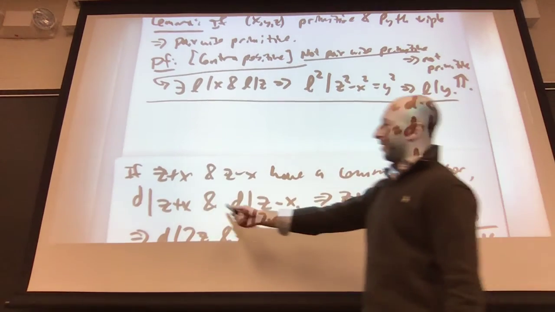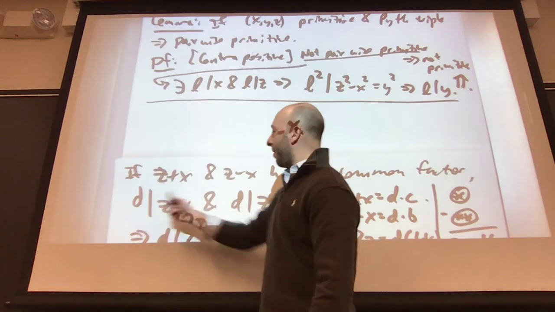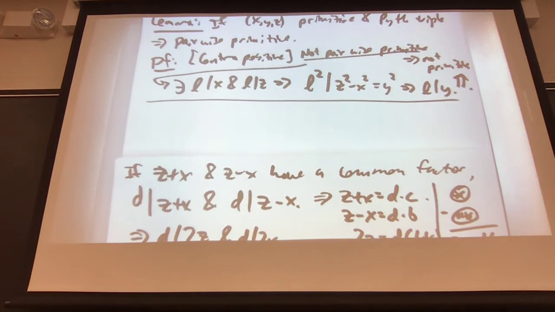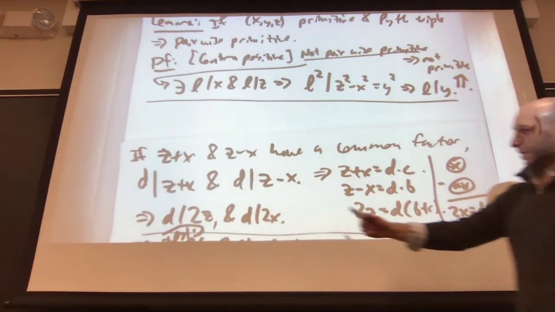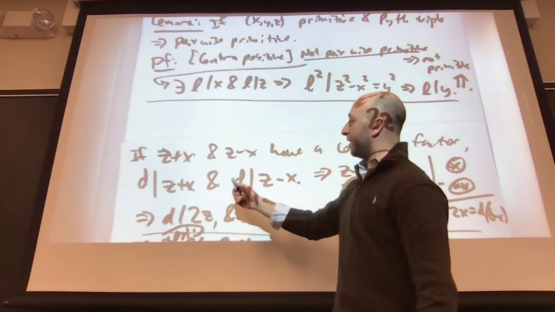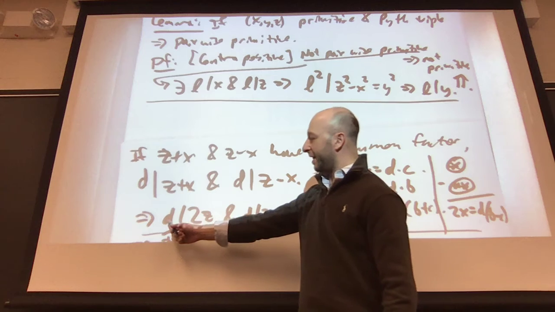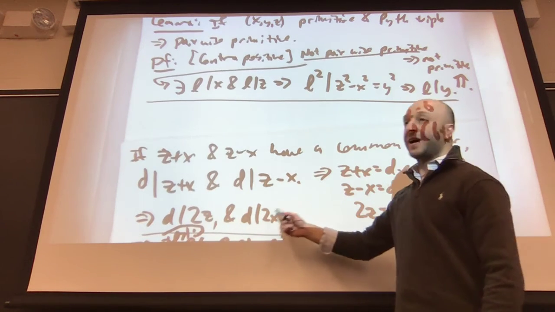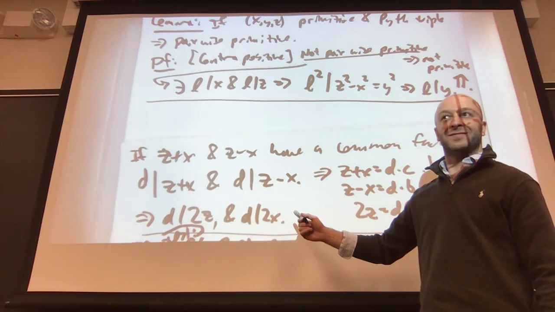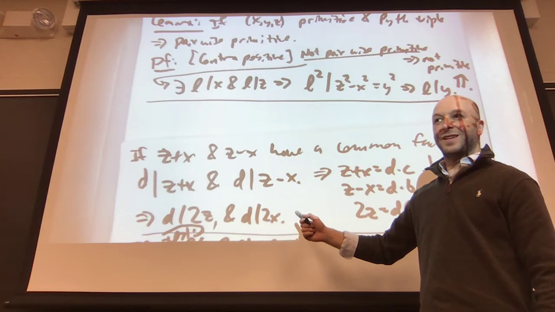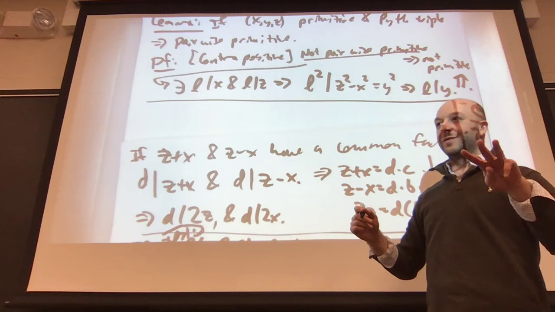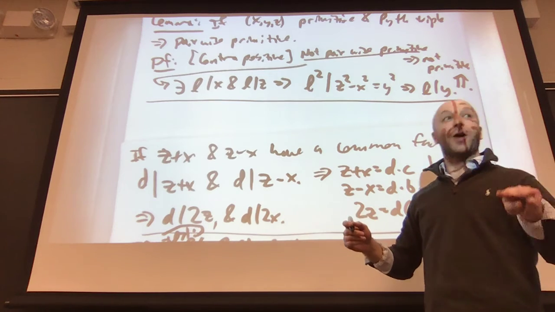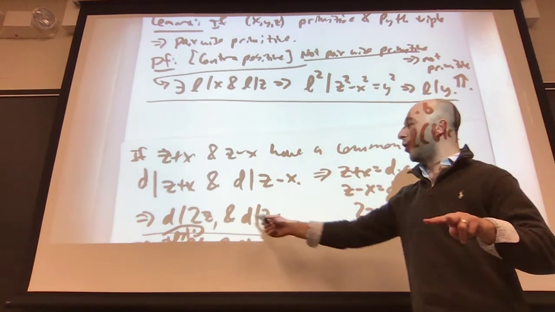So if these two numbers have a common factor, then if d divides both z plus x and z minus x, then d divides 2z and d divides 2x. But if we had a primitive triple, x, y, and z were coprime as a triple, that means they were pairwise coprime. So z and x have no factors in common.